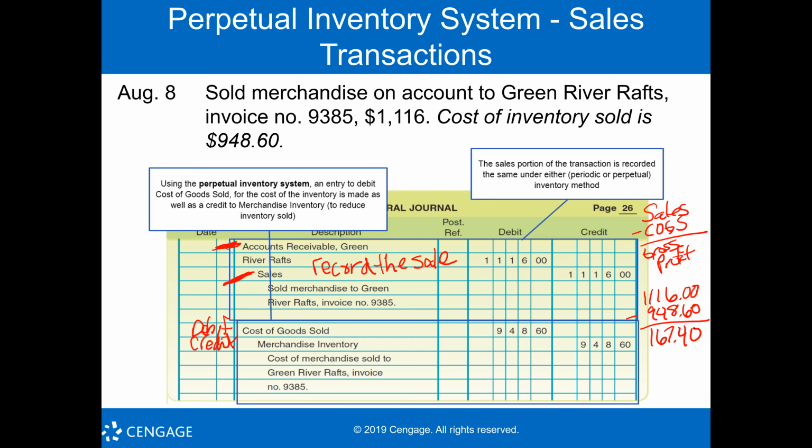And so we'll see once we get to chapter 11, chapter 12, once we get back to preparing the income statement and the other financial statements, that this is how we calculate gross profit, right? It's the sales minus the cost of goods sold equals gross profit.